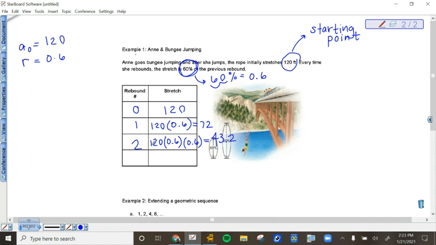Okay. And now our third rebound, we're going to take this previous jump, so 120 times 0.6 times 0.6 times 0.6 again, and this comes out to be 25.92.